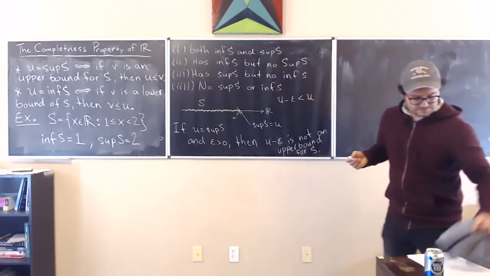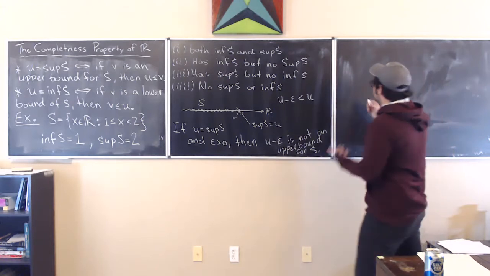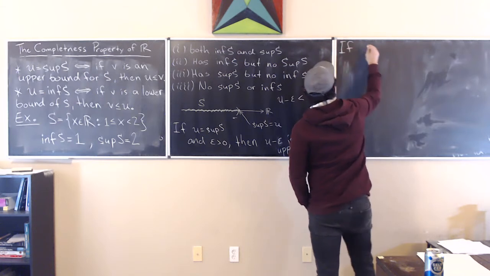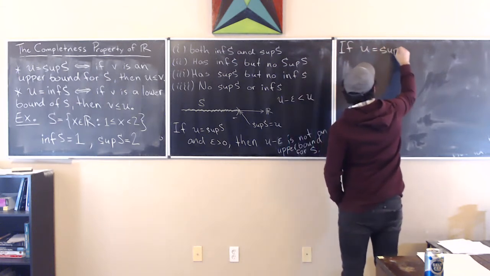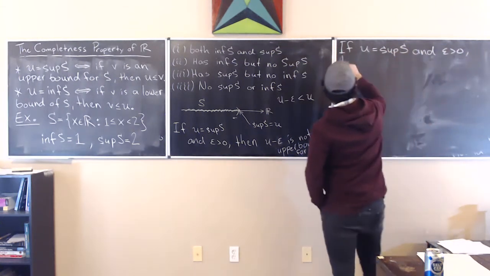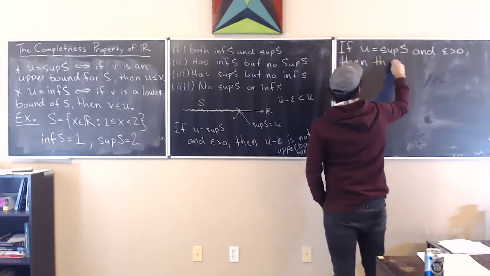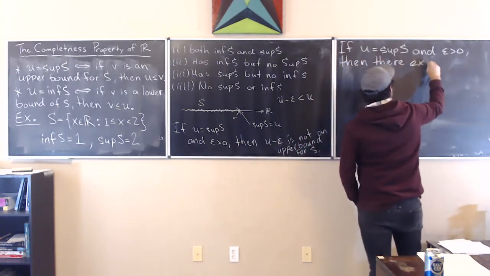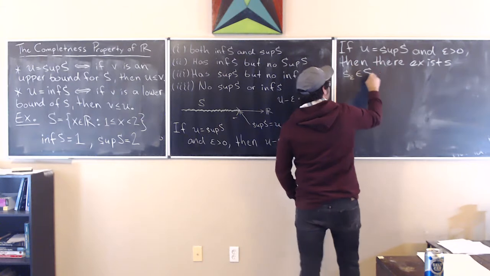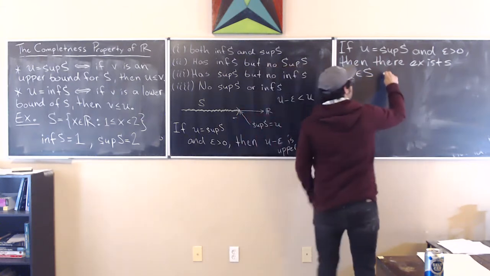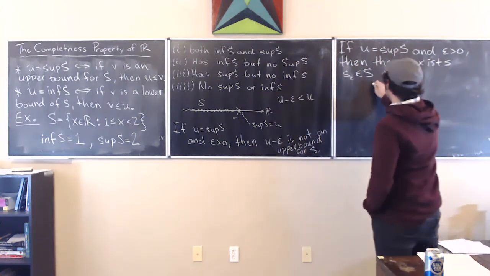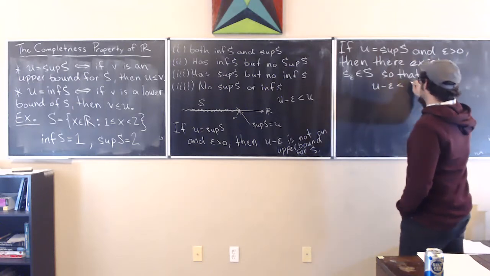So, for example, let's say it. If u is equal to the supremum of S, and epsilon is greater than 0, then there exists some element s that's contained in capital S, so s sub epsilon, so that u minus epsilon is less than s sub epsilon.